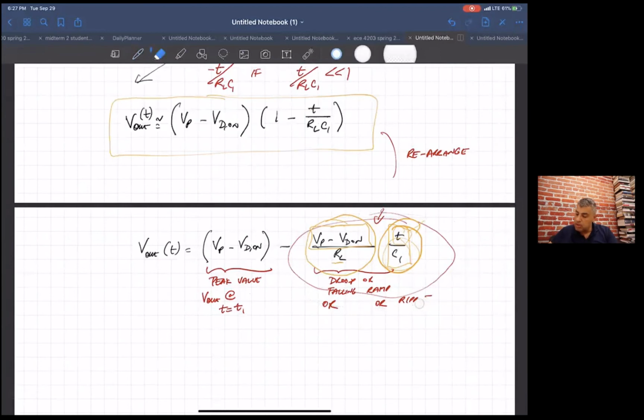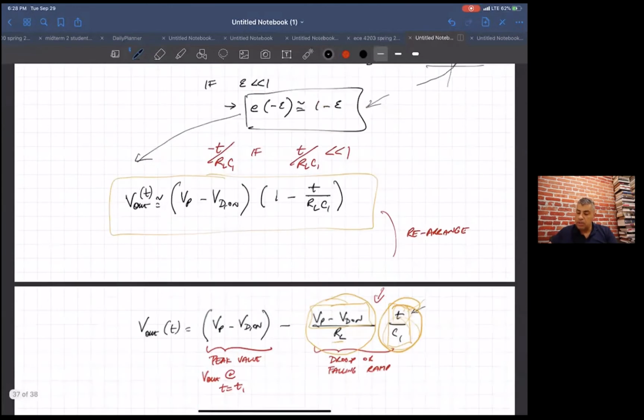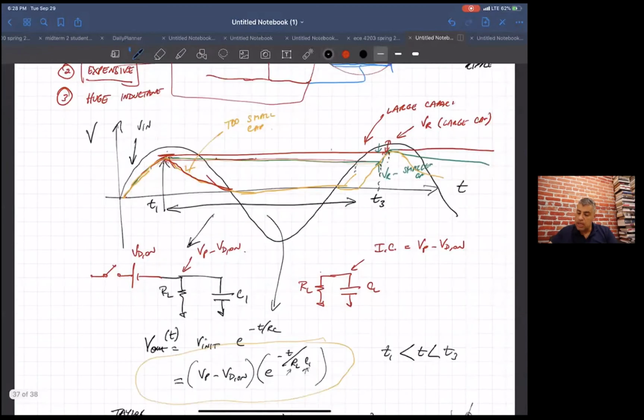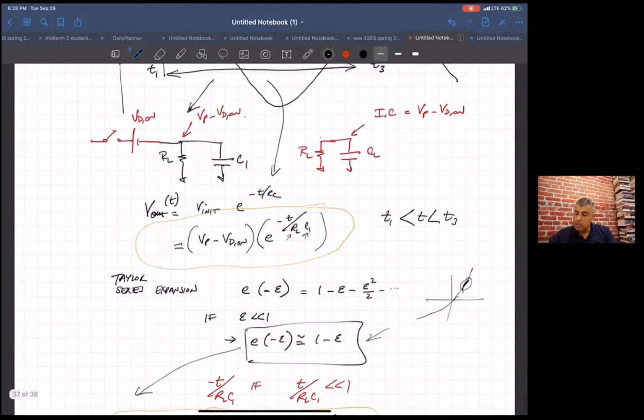This is not the ripple, because if I go at any point, this will be a different value. These are the different points on this line as you're going down. The maximum point is the V sub R, or the ripple value. So let's see how we define that.